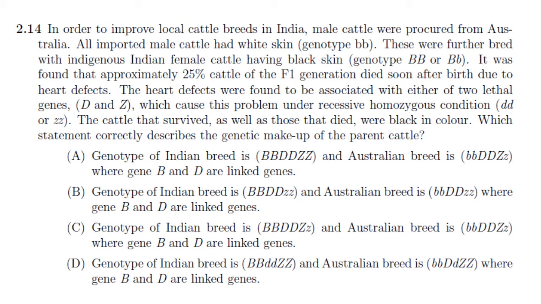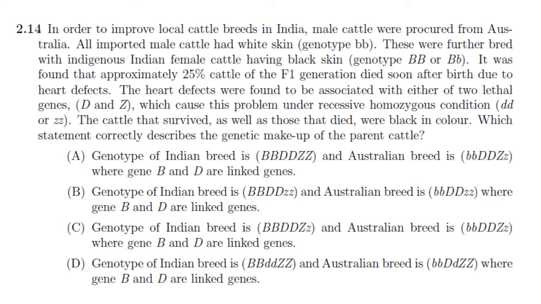In order to improve local cattle breeds in India, male cattle were procured from Australia. All imported male cattle had white skin, that is genotype small b, small b. These were further bred with indigenous Indian female cattle having black skin. It was found that approximately 25% of cattle of the F1 generation died soon after birth due to heart defects.